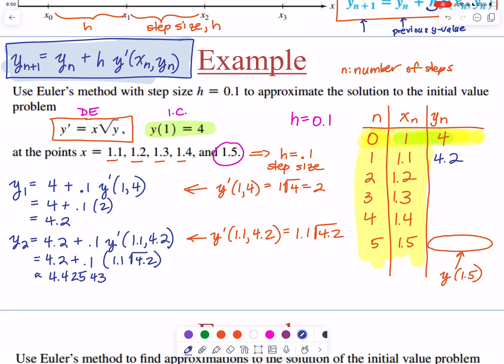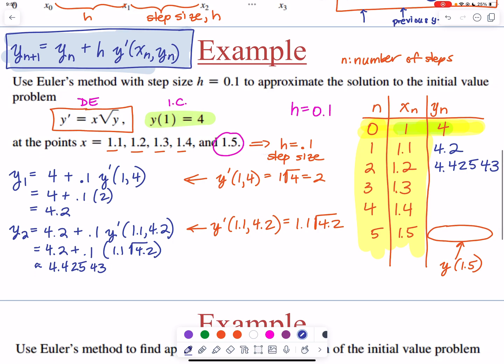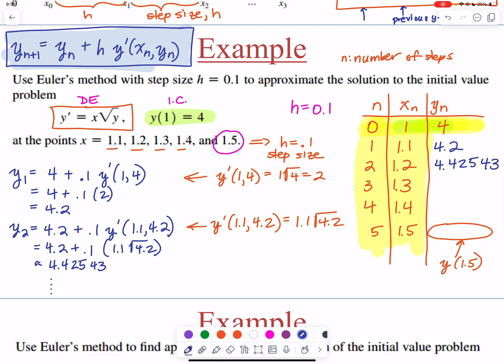And you can check that on your calculator. Now, we could go ahead and go on with this, but you will be able to finish that, and I will fill in this table for you. So you could pause the video and check these.